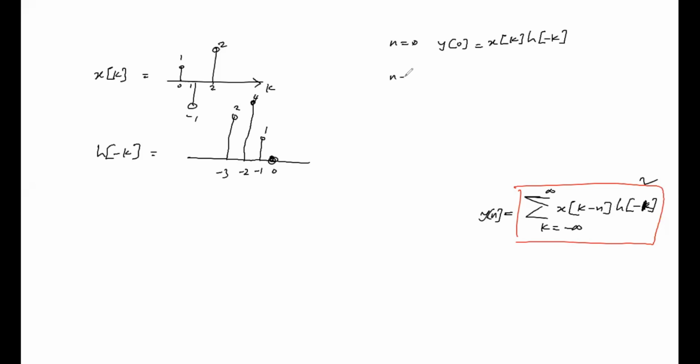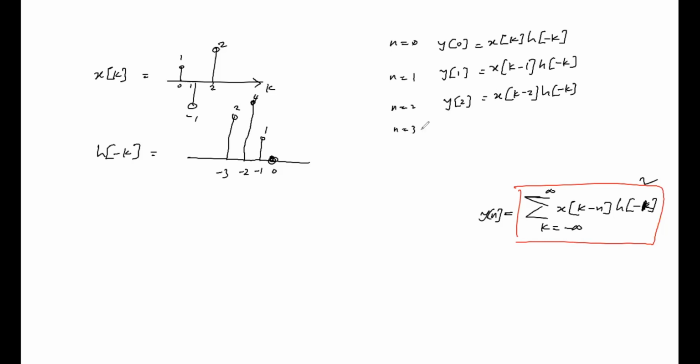Then for n equal to 1, we are going to have y of 1, which is equal to s of k minus 1, then h of minus k. When n is equal to 2, we are going to have y of 2, which is s of k minus 2, h of minus k.